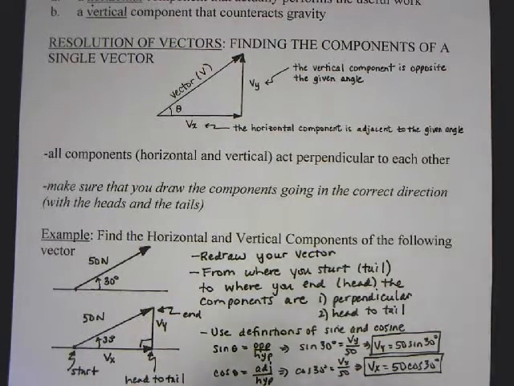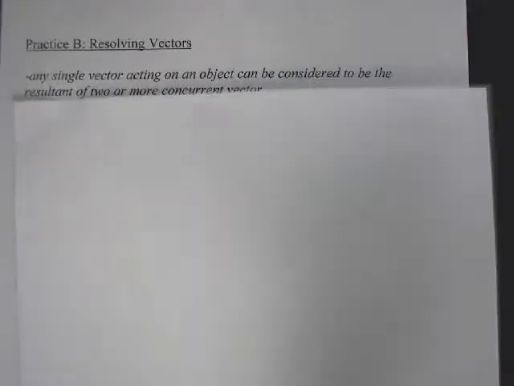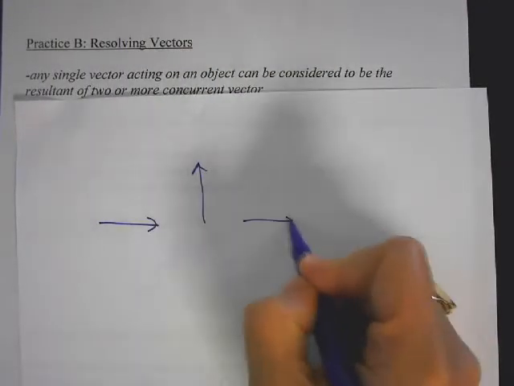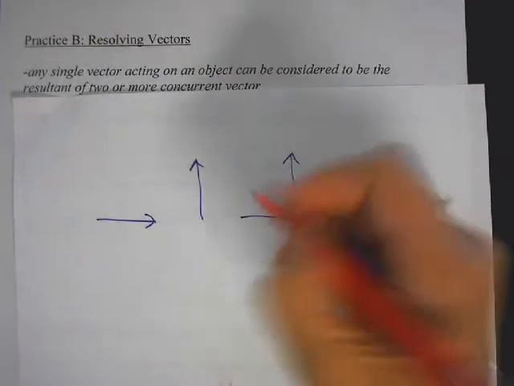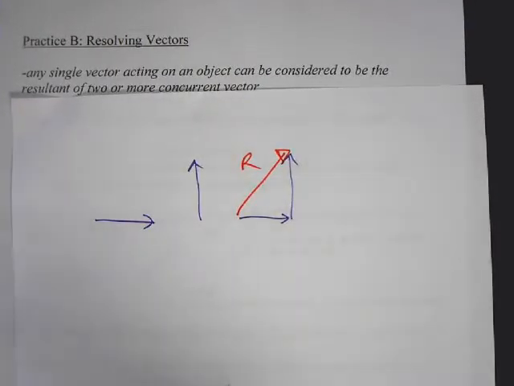Then, for part B of the homework, we're going to look at resolving vectors into components. So what I just showed you how to do is, let's say I have this, and I add them head to tail, and I get a resultant. So vector resolution is going to help us when we have to break something up into components, or when we want to add 3 or 4 vectors.